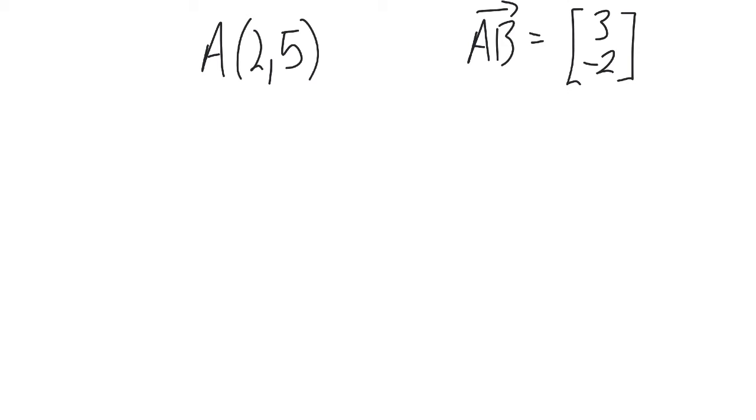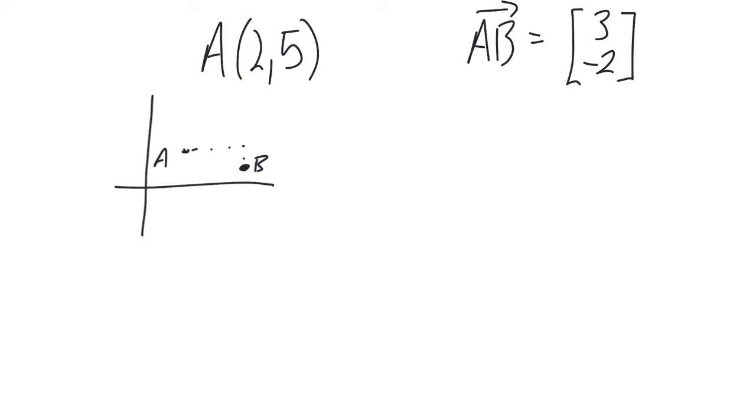Well, I guess you could do this using a picture. So if I have my coordinates, (2, 5) is here somewhere, and to get to B I have to go along 3 and down 2, so B is going to be there. Then you can just use numbers to work out the coordinates.